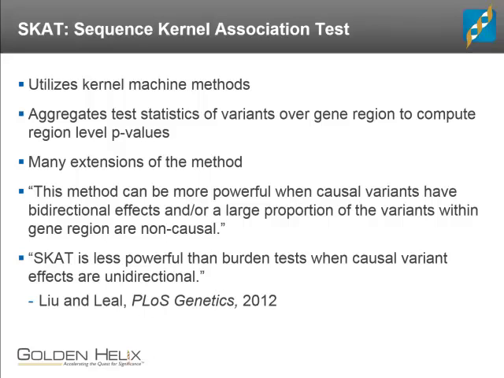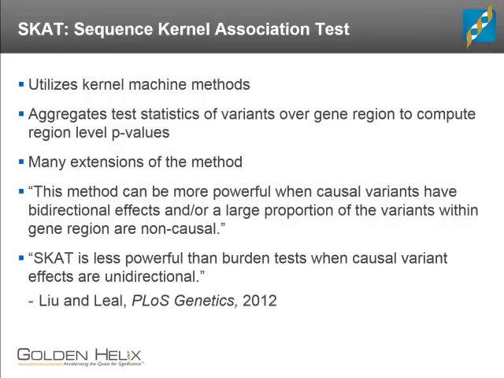As I mentioned earlier, there's a lot of different extensions of the SKAT method to account for different study designs. A couple of quotes from a review article on SKAT. The method can be more powerful when causal variants have bidirectional effects and or a large proportion of the variants within the gene are non-causal.